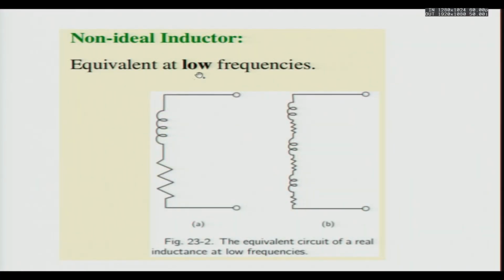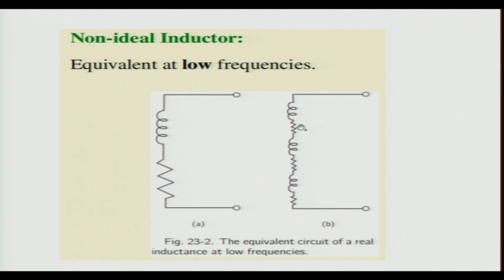So, we gave an example of a practical inductor. The model of a practical inductor is as shown in the figure here. At low frequencies, or when there are low rates of change, a real inductor has some resistance in the winding. You can't pinpoint where the resistance is, because there is a coil of wire with finite conductivity, and there is an electrical drop along the wire as well.